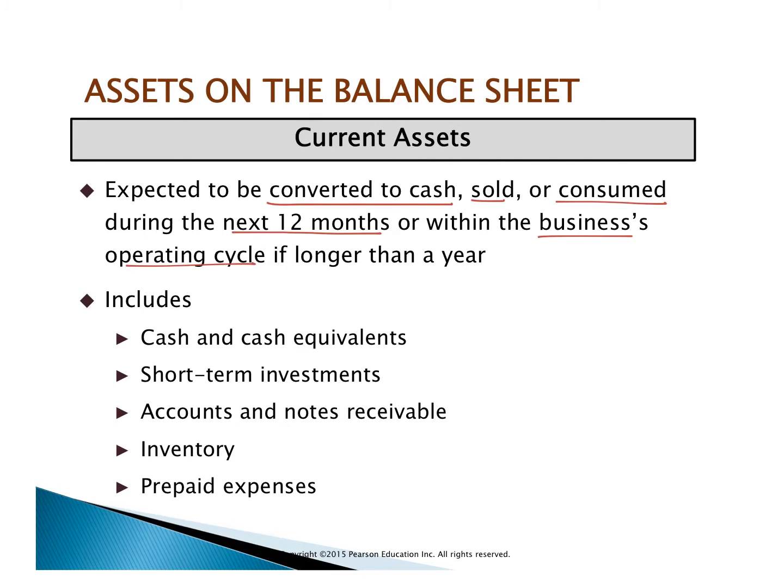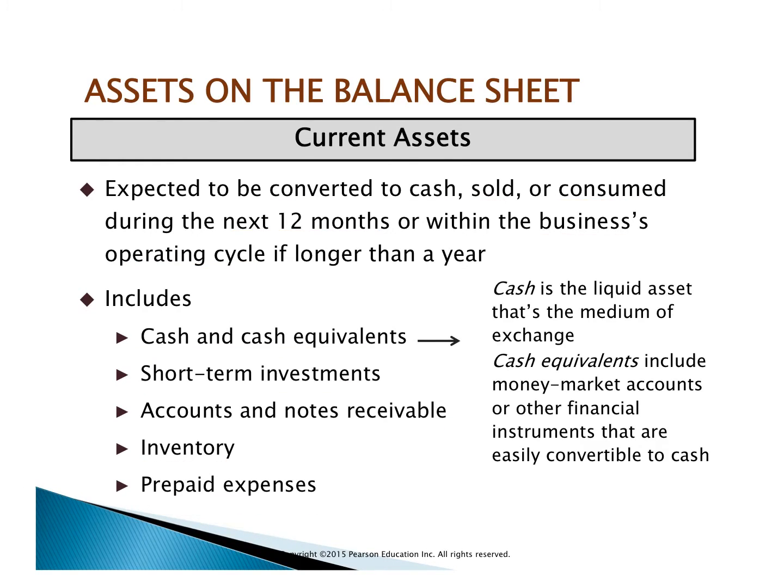Current assets include cash and cash equivalents, short-term investments, accounts and notes receivable, merchandise inventory, and prepaid expenses. All companies have cash. Cash is the liquid asset that is the medium of exchange, and cash equivalents include money market accounts or other financial instruments that are easily converted to cash.